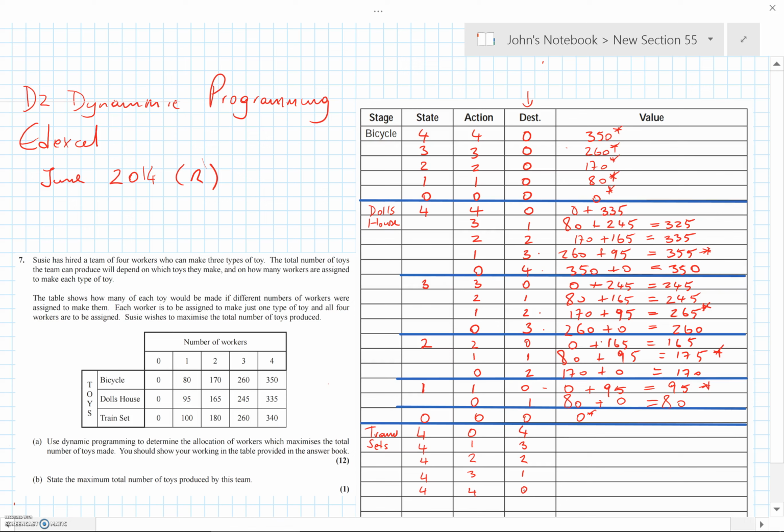Okay, now if no one does train sets, we've got a destination of 4, we're pulling down the 355 from before here. And there's no number to add there because no one's doing train sets. Okay, if the destination is 3, we're pulling down the 265 from before.